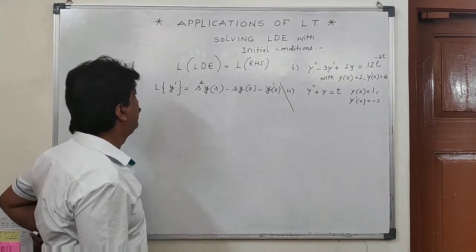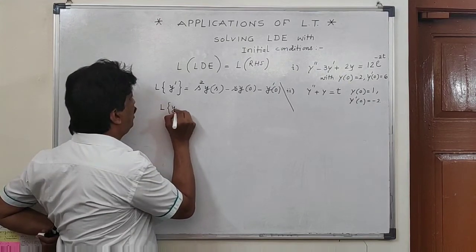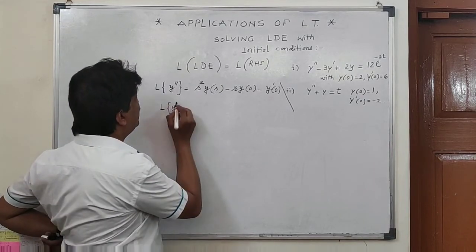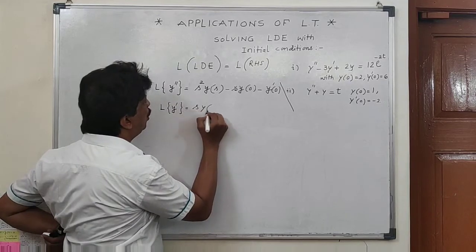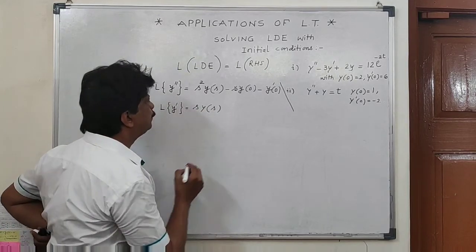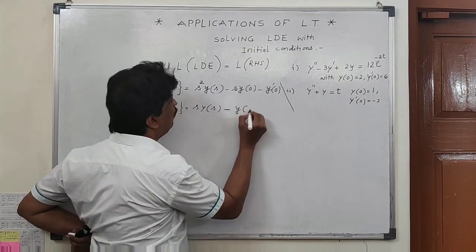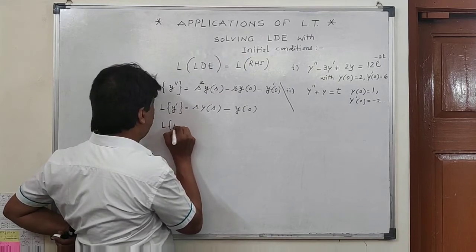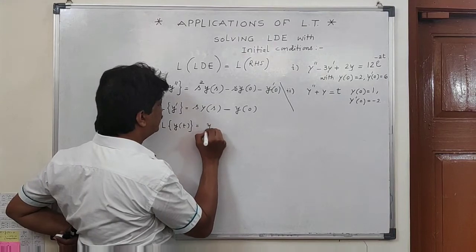Note this formula. Laplace transform of y dash is s into y of s minus y of 0, and Laplace transform of y of t is y of s.